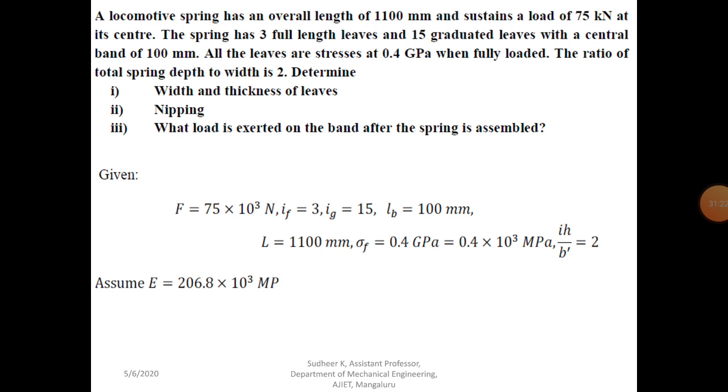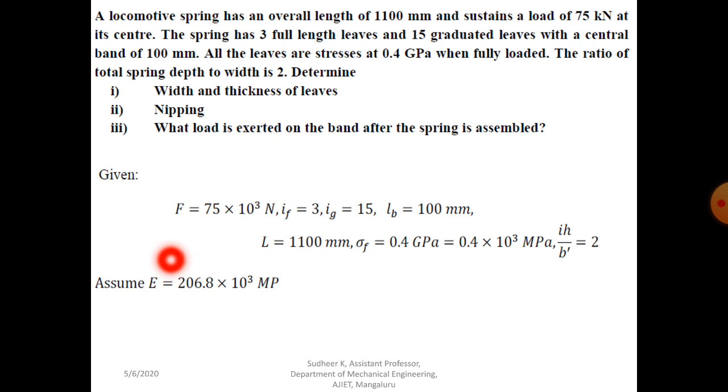We have to find the initial gap between the full length leaf and the graduated length leaves, which is denoted by small letter c. The small letter c is the initial gap between the full length and graduated leaves with the pre-stress. For that, Young's modulus is required, so we have to assume the spring material as steel.